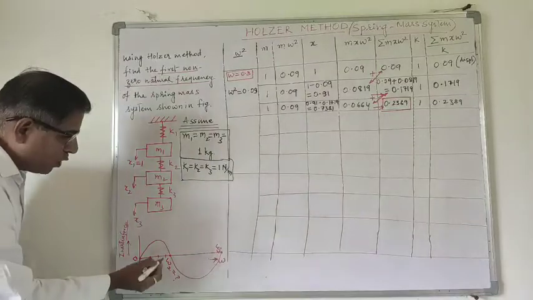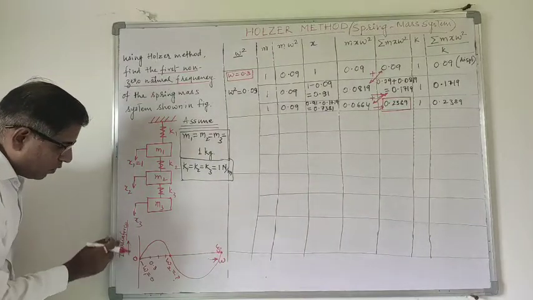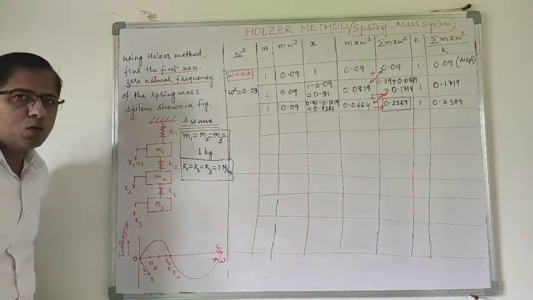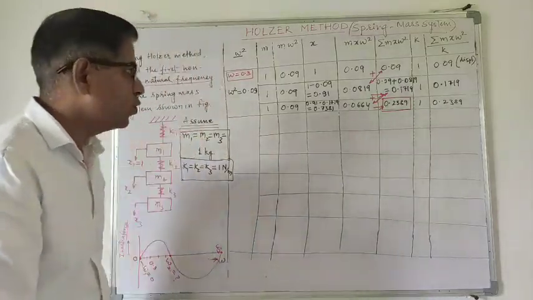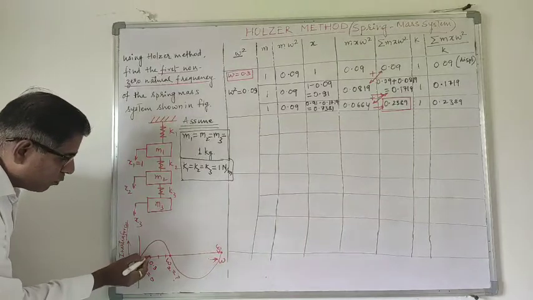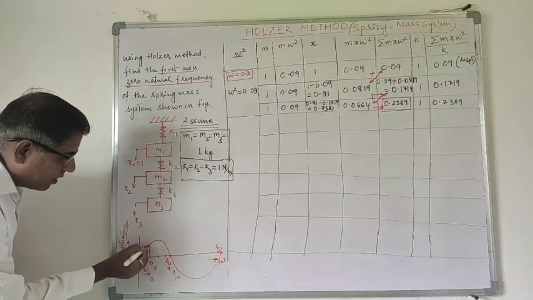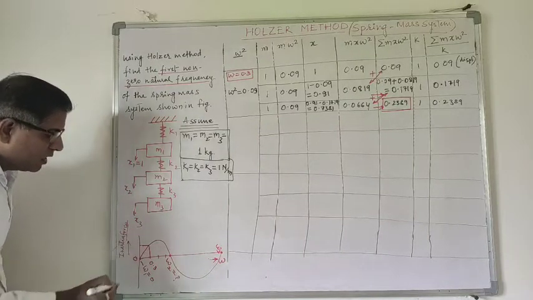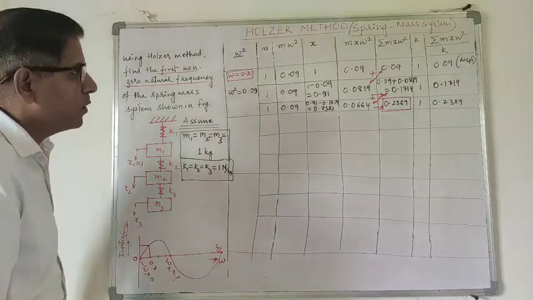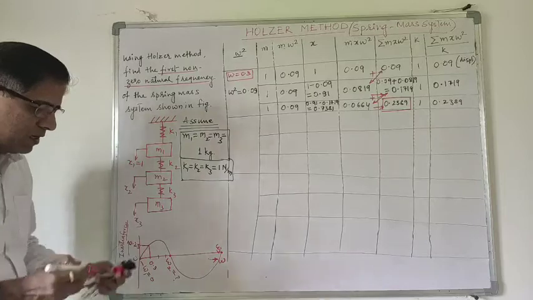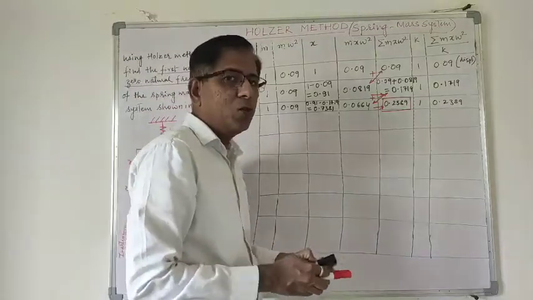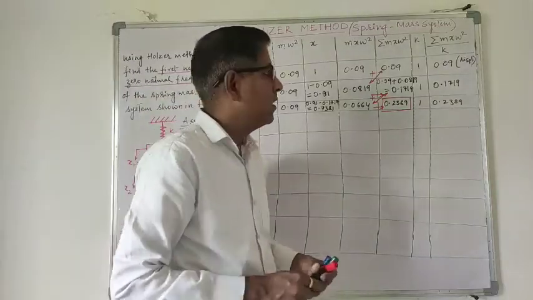but we want the summation of the inertia forces to be 0 to be able to find out the second non-zero natural frequency. So here for 0.3, the sum of the inertia forces obtained is 0.23. Okay, that means we need to carry out the next iteration.